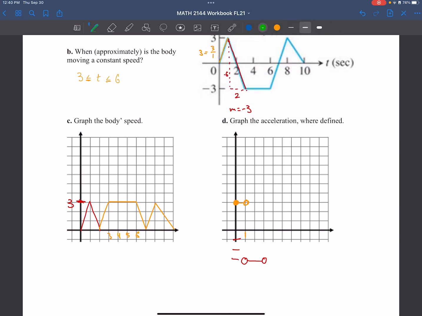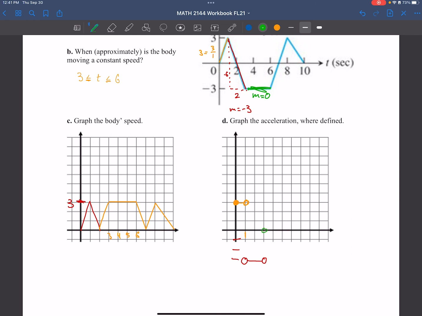Then we have this piece right here, that would be from 3 to 6. What is the slope of that part right there? If it's horizontal, the slope is 0.